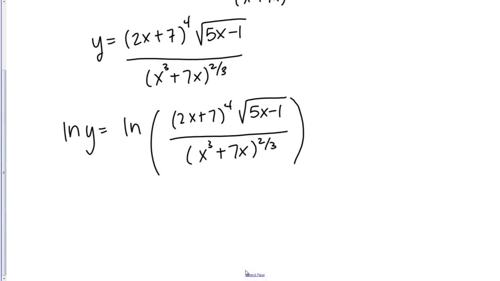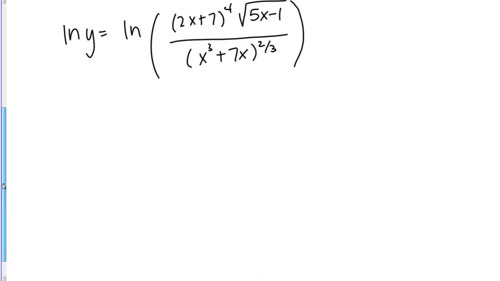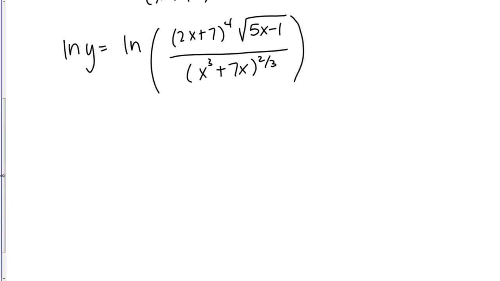So why did I take the natural log of both sides? Well, it's so I can use the properties of the natural log to write this in a nicer way. Remember, there are a few nice properties of natural logs. The natural log of a times b, I can separate into the natural log of a plus the natural log of b.